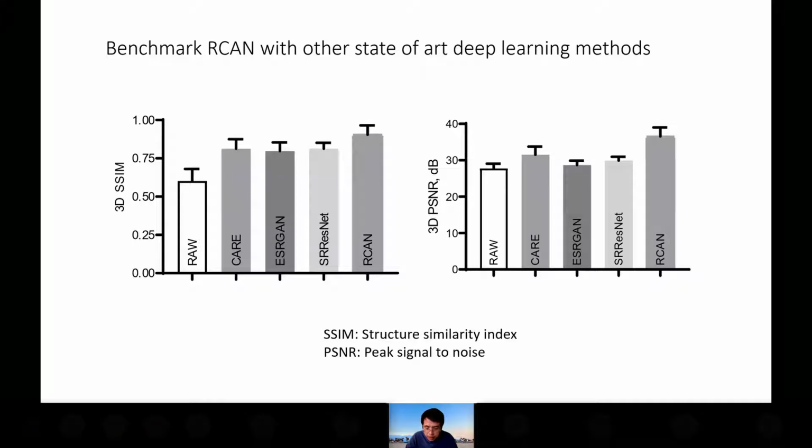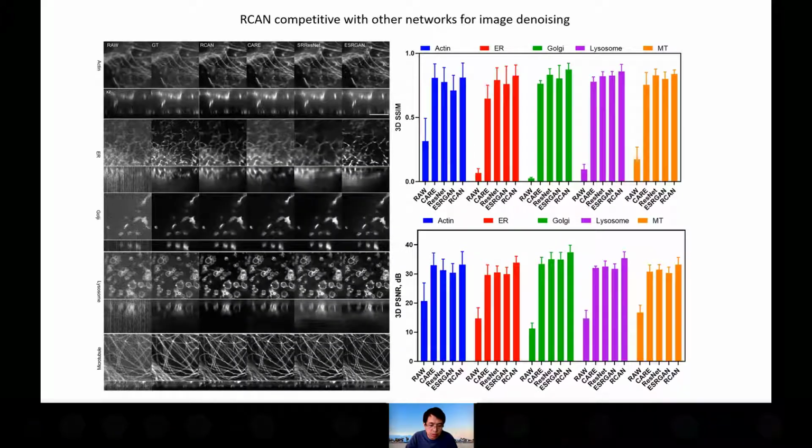The next question we wanted to ask is how the RCAN denoising works for different cellular structures. We trained these four different convolutional neural networks with different cellular structures, ranging from actin in the top row, the second row is endoplasmic reticulum, ER, the third row is Golgi, next are lysosome and microtubule.